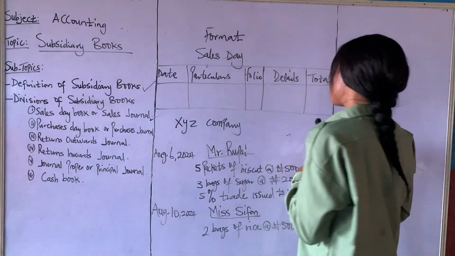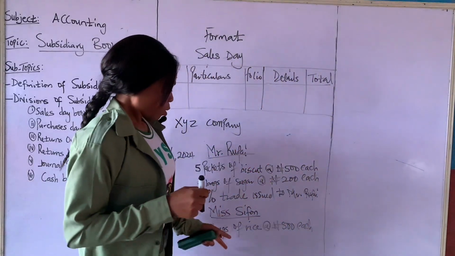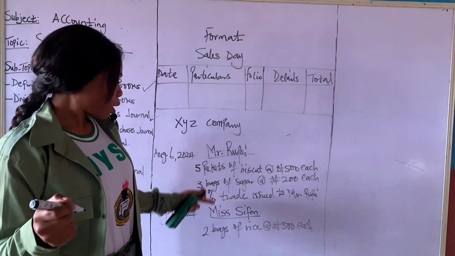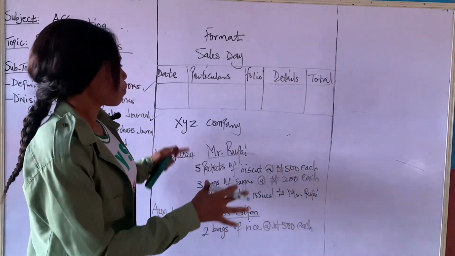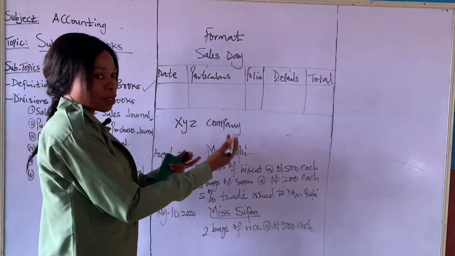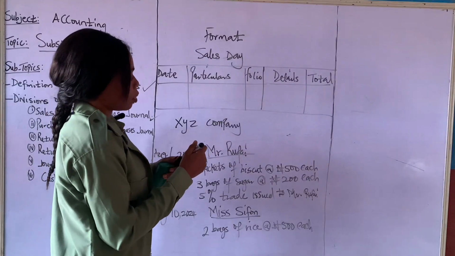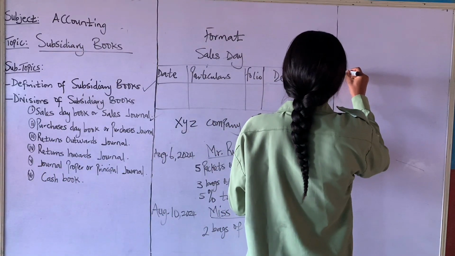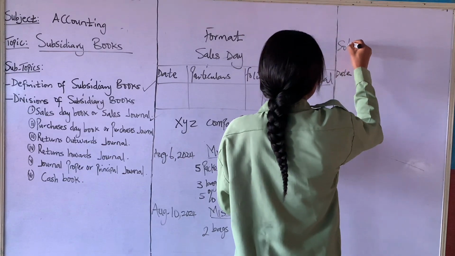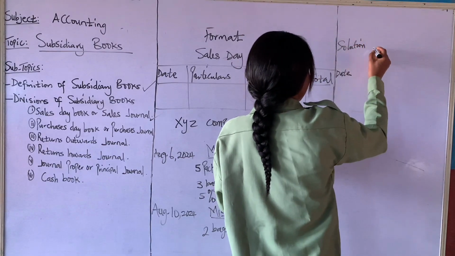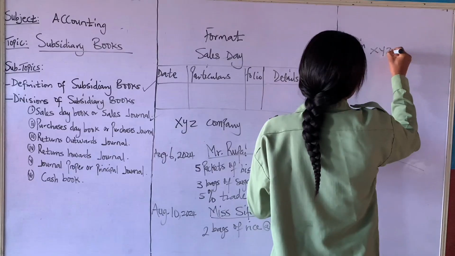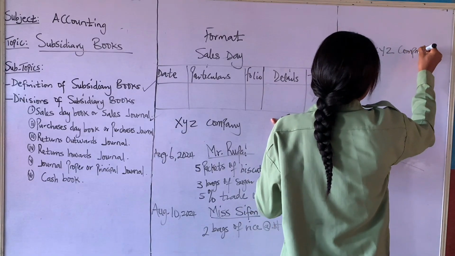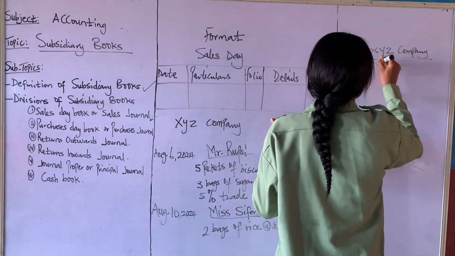Let's look at how we can solve the questions below. Permit me to use the format since we are already here. Because of space, let's do it this way. We have the date, here the solution. Remember, this is XYZ company, and this is their sales day book.